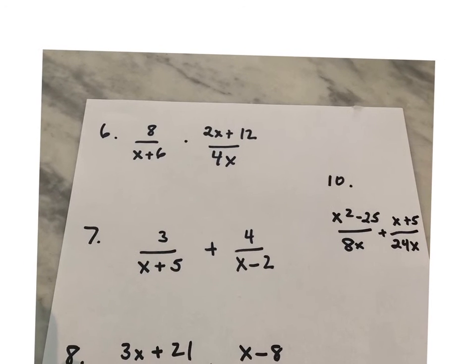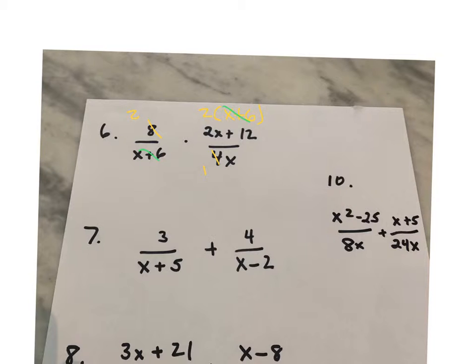So we're going to do that right now. Let's turn that into a 2, really, because 8 divided by 4 is 2, 4 divided by 4 is 1, and this turns into this. And the x plus 6 would cancel with the x plus 6. So that's a beautiful thing.